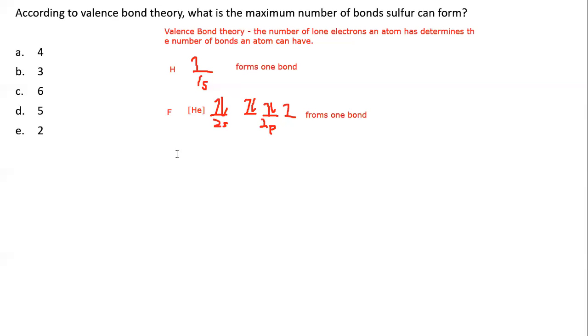Now if we do the same thing with sulfur, we draw the shorthand orbital diagram.